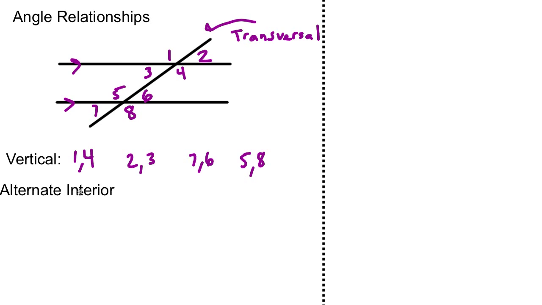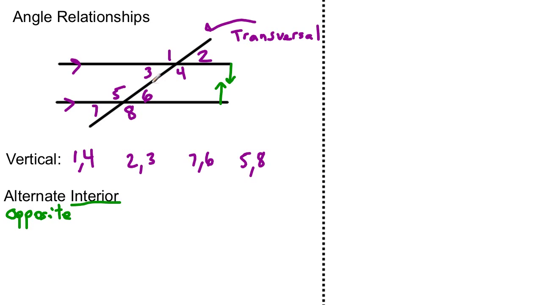Okay. The next one are alternate interior angles. I'm going to move this just over a little bit. For alternate interior angles, we want to look inside the parallel lines. So we're looking inside the parallel lines, or interior, and then on opposite sides of the X. You can think of this as opposite and inside.